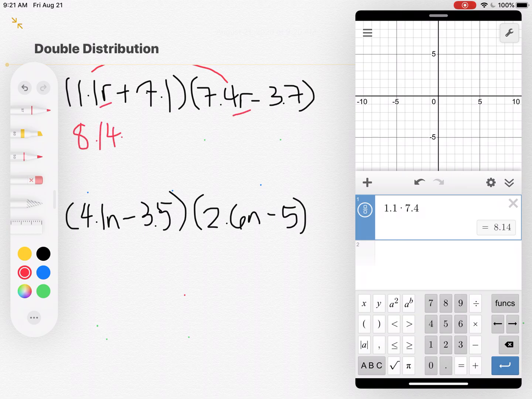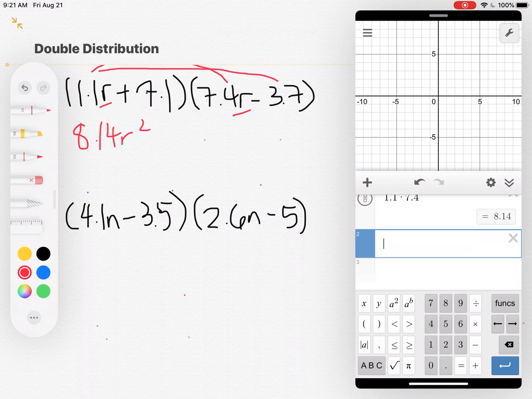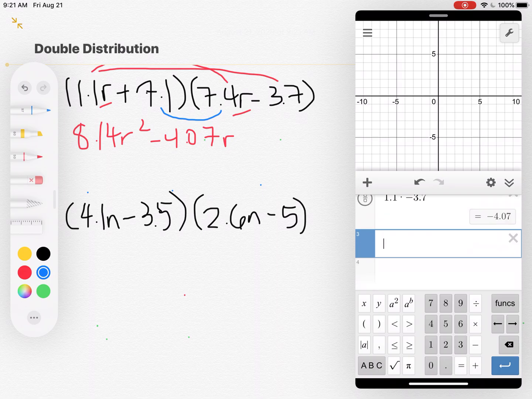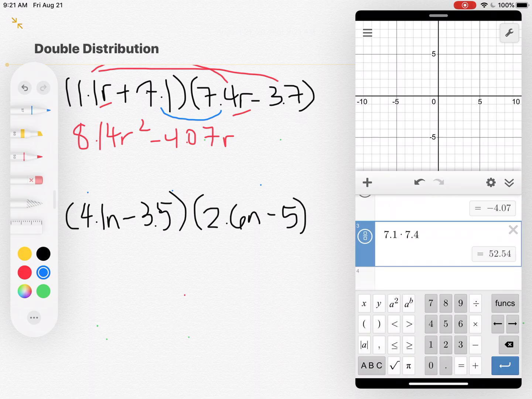R times R is R squared. 1.1 times negative 3.7 is negative 4.07 R. Now multiply by 7.1. 7.1 times 7.4 is going to be 52.54.